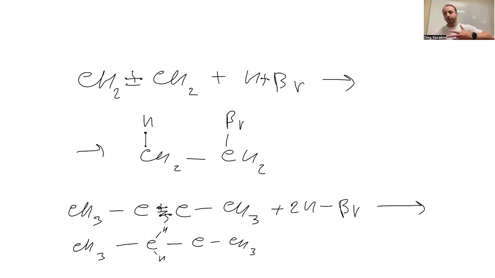They still carry over to the final product, right? So now you're going to have here 2 free electrons, and you have also Br with a free electron and another Br with a free electron. Let's put them together. You have CBr bond number 1, and you have CBr bond number 2. That's it.